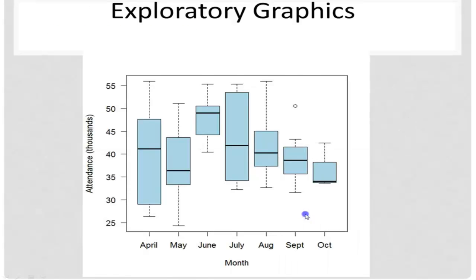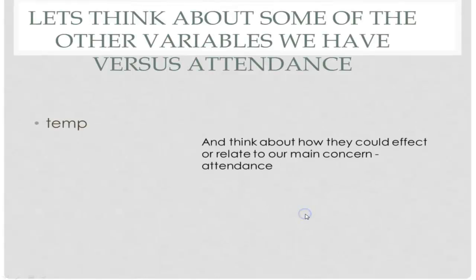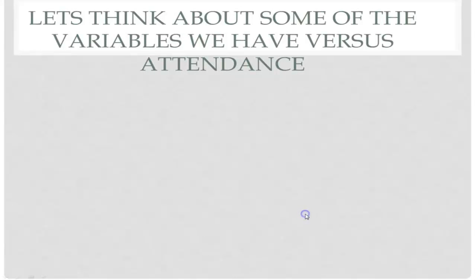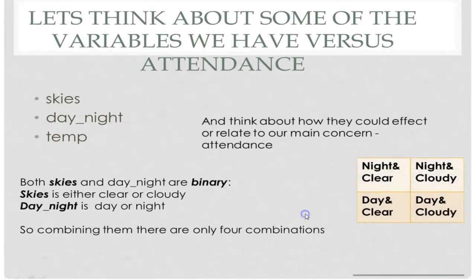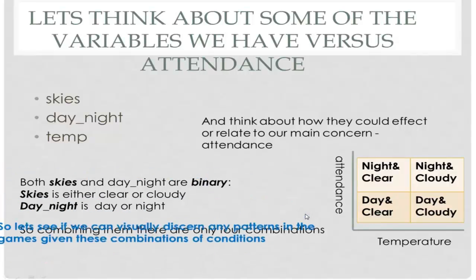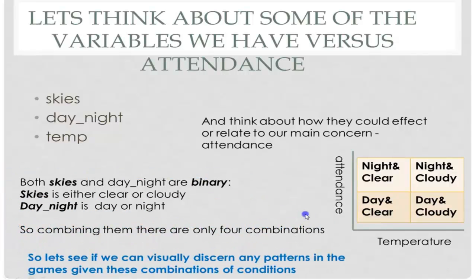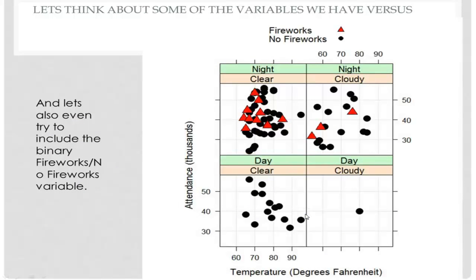Okay, and then we also built this graph here, this one. And I think we ended when we were discussing this graph. What does this graph tell us, if anything?